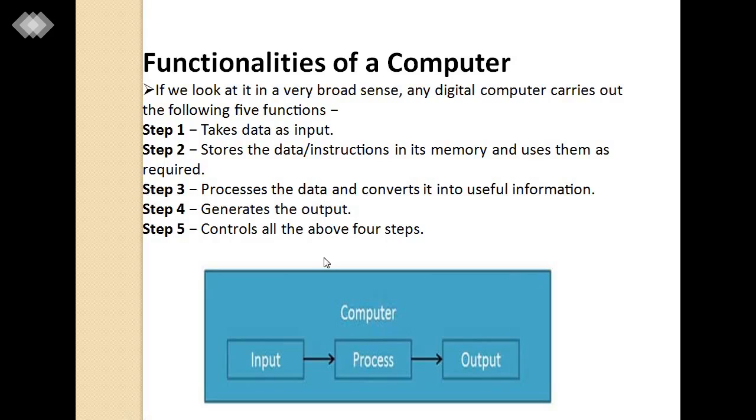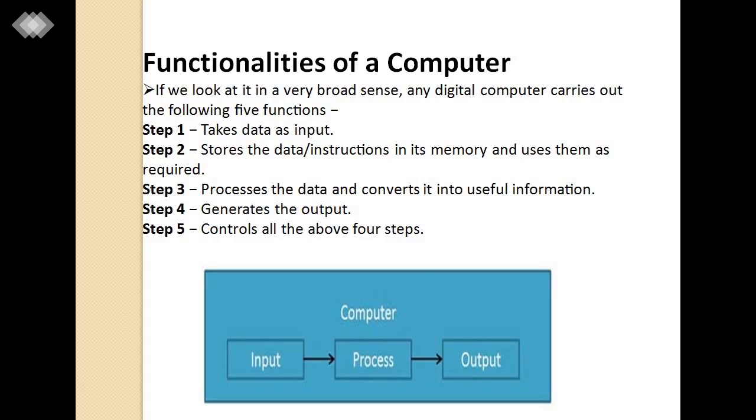output. So if we look at it in a very broad sense, any digital computer carries out the following 5 functions, or we can say the functionality of a computer. Step 1, take data as input. Step 2, stores the data and instruction in its memory and uses them as required.